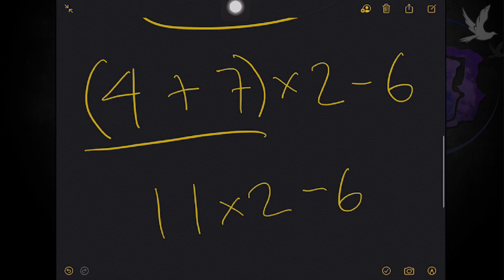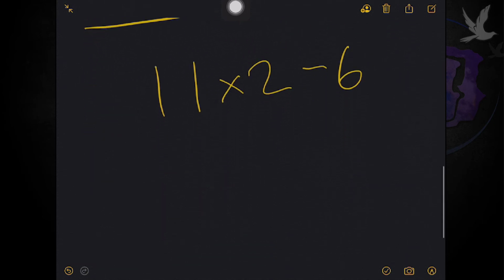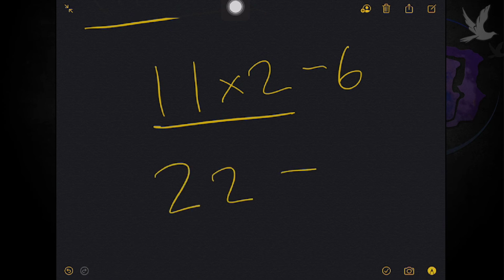Okay, claro? So, asking the question to yourself again, do you see any multiplication or division? Or let's say, do you see any groupings here? There's none. Do you see any multiplication process here or division? Yes, there's 11 times 2. 11 times 2 is equivalent to 22 minus 6.